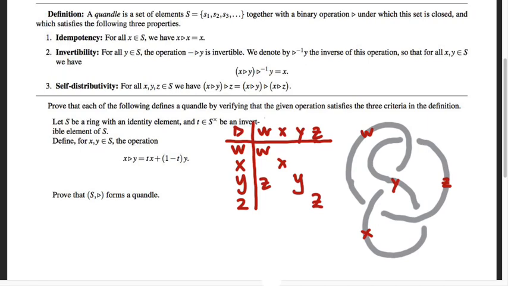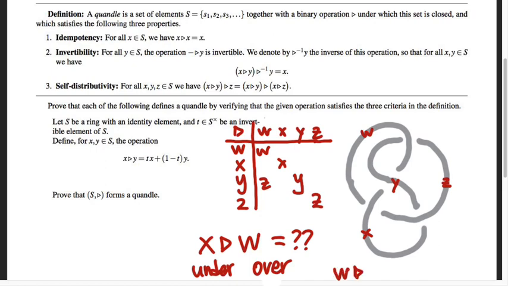So X triangle W, this would be where X is crossing underneath W is the overcrossing. And so this one, we don't know, right, because there's no crossing where X goes underneath W. On the other hand, there is a place where W is going underneath X.